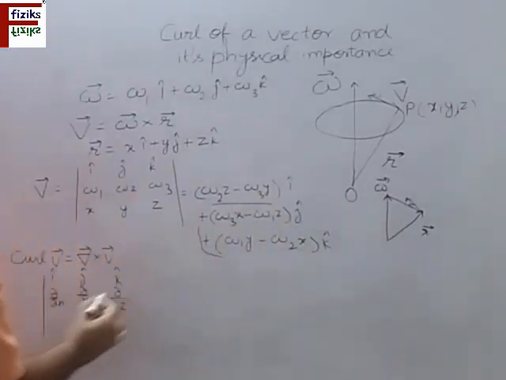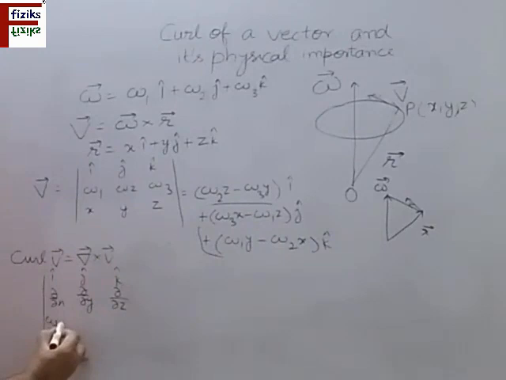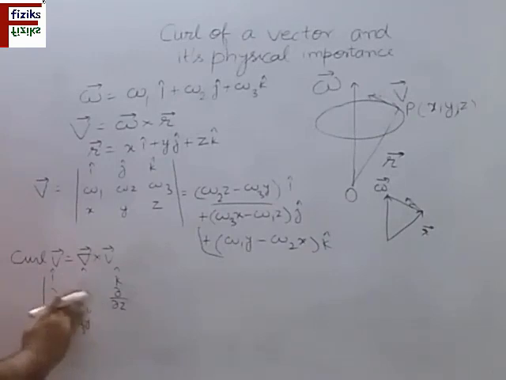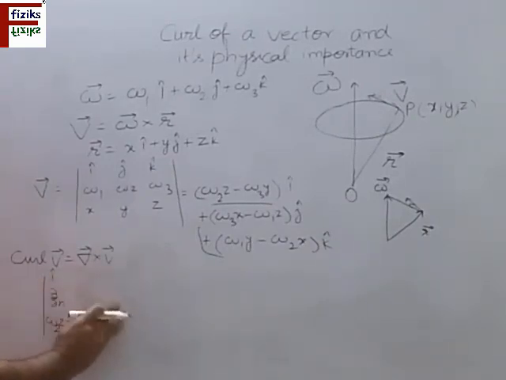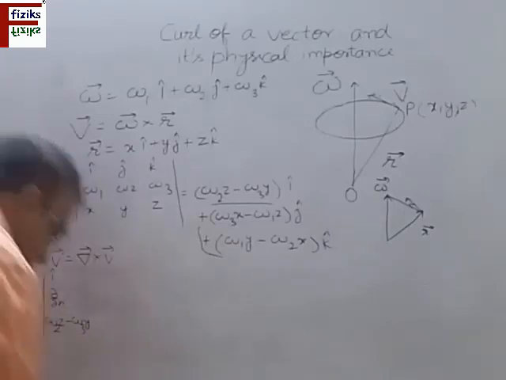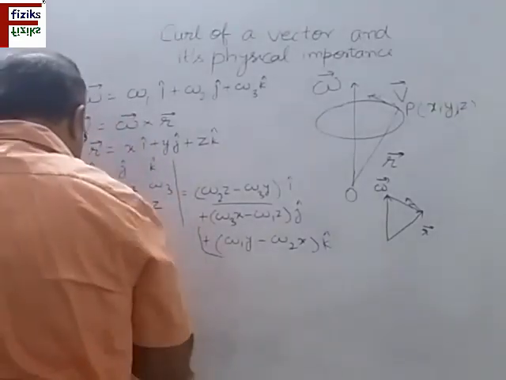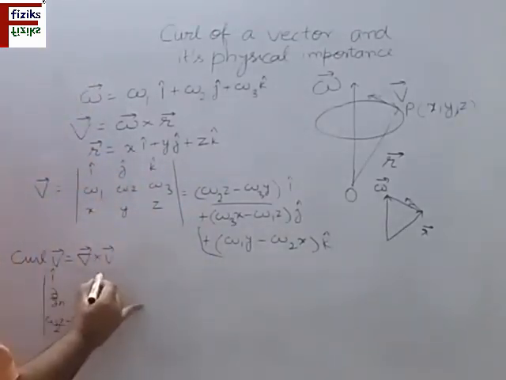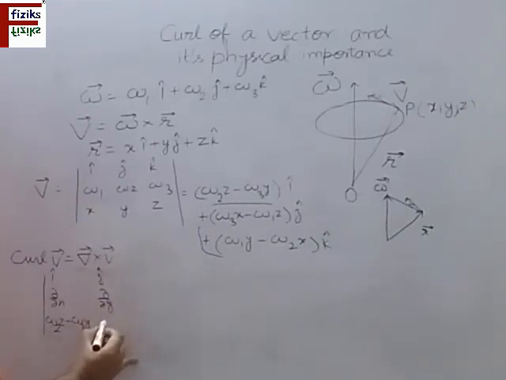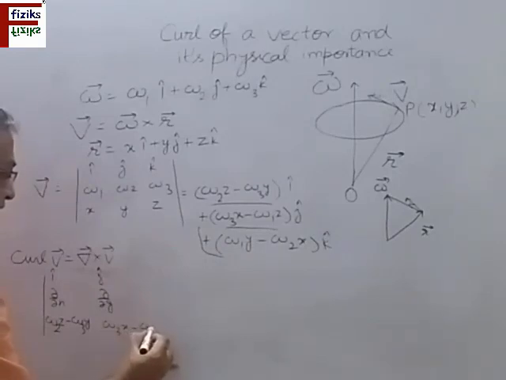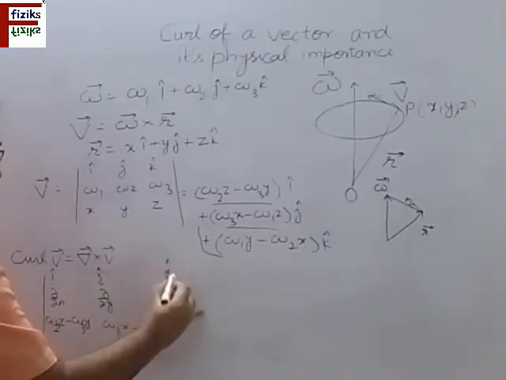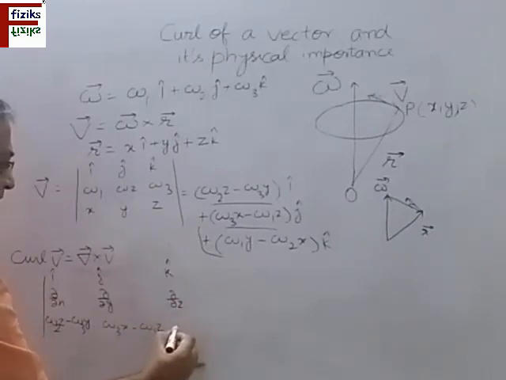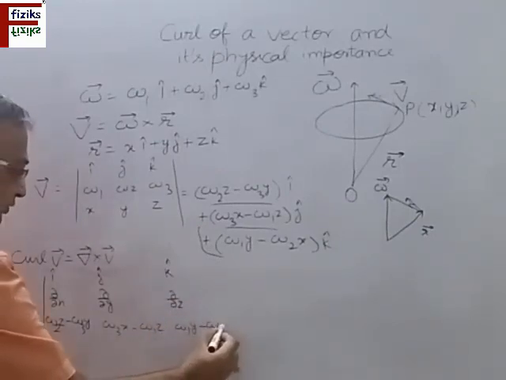These components, omega 2z minus omega 3y, second term is omega 3x minus omega 1z and k del by del z. Third term is omega 1y minus omega 2x.